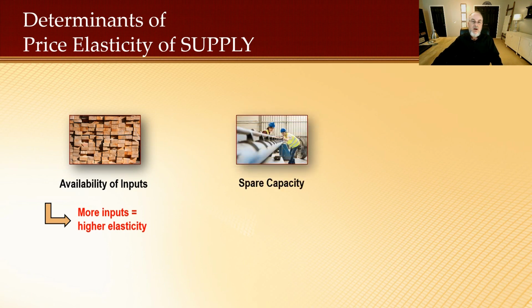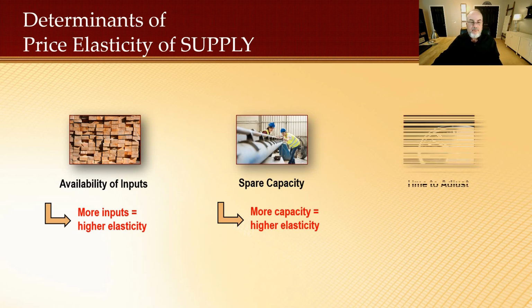All right, spare capacity. The more capacity I have, the higher elasticity that I can have. So if I have machines idle, or if I'm only running one shift and I can quickly go to two shifts and get that additional labor, then I can respond very quickly, and my price elasticity is going to be higher.